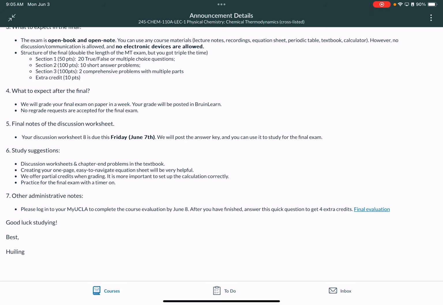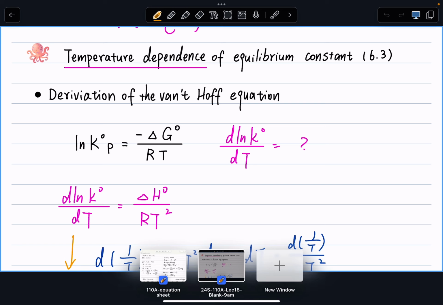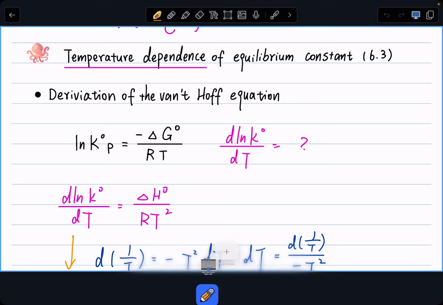Nope? Okay, awesome. All right, so back to thermodynamics. In our previous lectures, we started by talking about what is reaction equilibrium, and the relationship of ideal gas reaction equilibrium, especially how we defined the equilibrium constant.